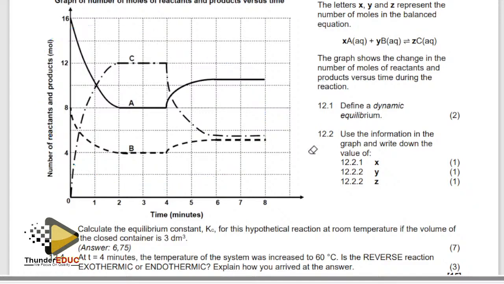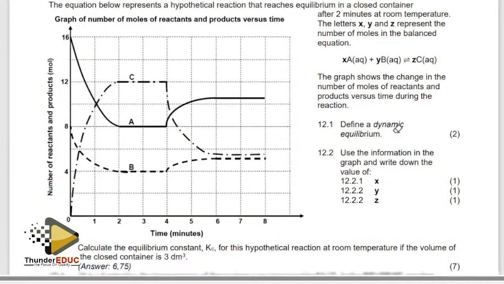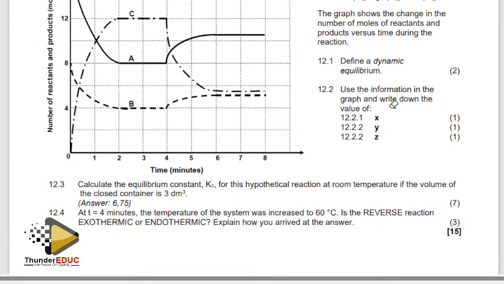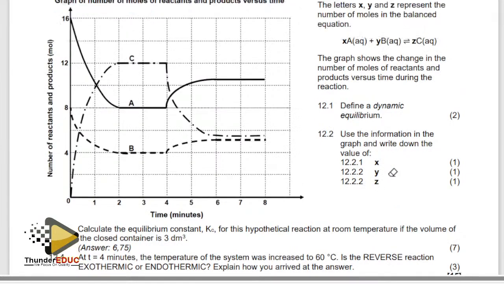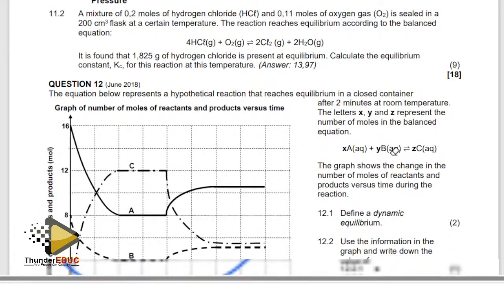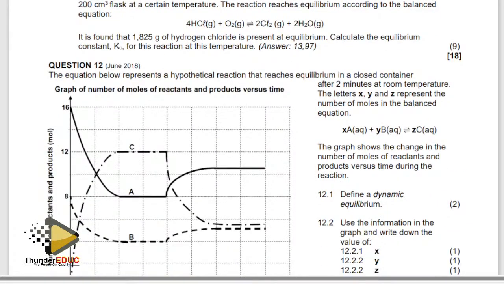Now, if the question comes like this, what is dynamic chemical equilibrium? Use the information, the graph, write down X, Y, and Z. So you have to read here. The equation below represents the hypothetical reaction of equilibrium. After 2 minutes at room temperature, X, Y, and Z represent the number of moles in the balanced equation.